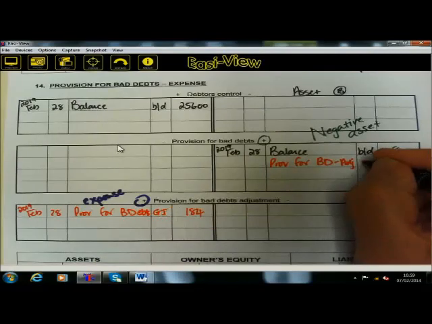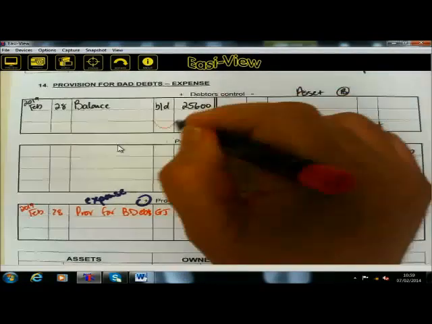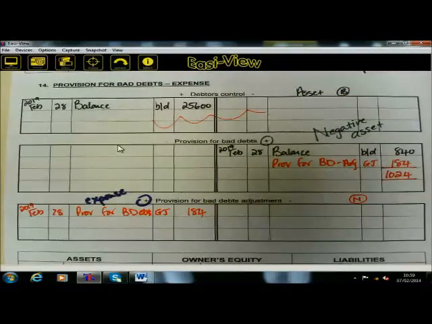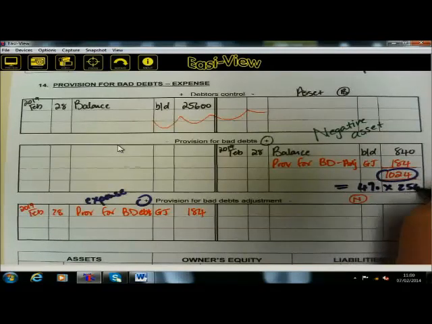I want you to concentrate on this. They gave you the 25,600, you're not going to do anything there. They gave you the 4%, you work out the 4%, and this amount equals 4% of 25,600. And then you put the amount there, and you only add the difference between the two.